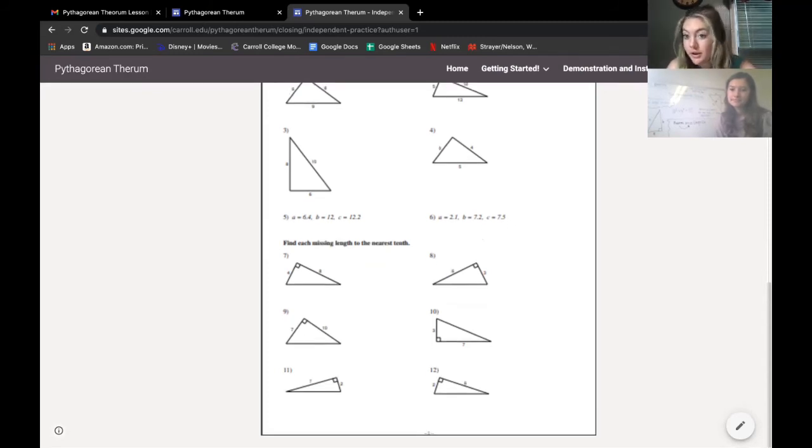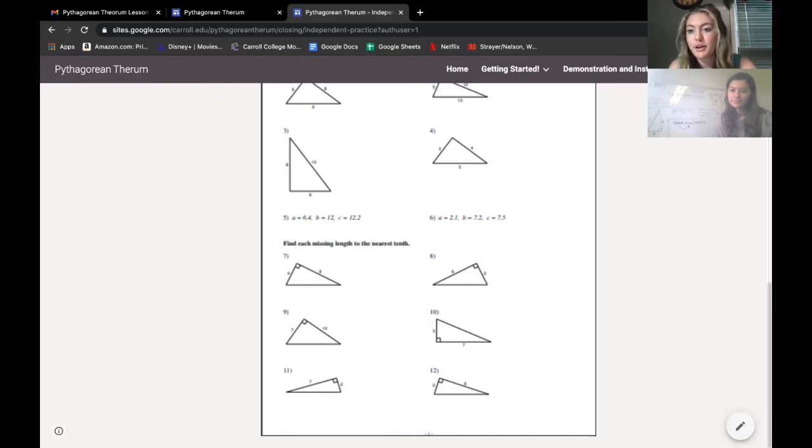And if you really want some extra practice, you can go ahead and use the Pythagorean theorem to find the angles if you want to. Just leave a length out. If it is a right triangle, it has to be a right triangle. Then for the second part down here, you're going to find each missing length to the nearest tenth. So this is where your Pythagorean theorem comes in, and you're going to solve each of these.